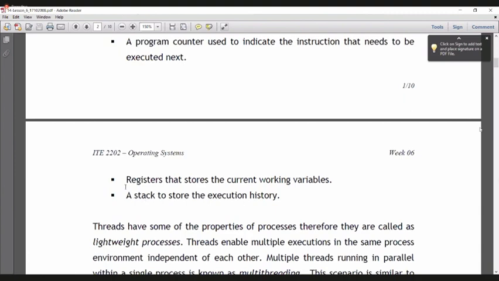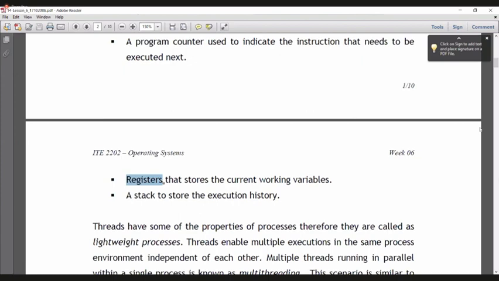Then what are registers? Registers are also a kind of memory, short-term memory. For example, inside the CPU, to do a certain operation, for example A plus B, to calculate that you need to load the value of A to the CPU and the value of B to the CPU.